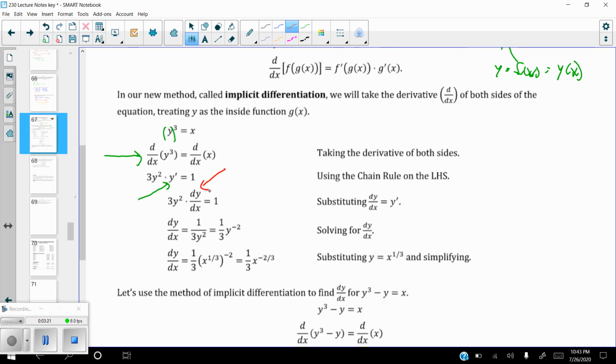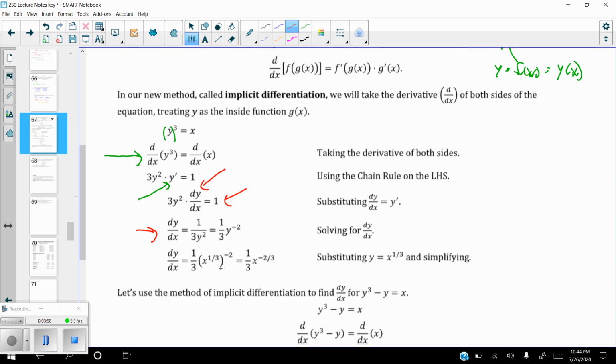Then you take the derivative of the right side, which is x. So the derivative of x is just 1. We know that much, which is right there. So then if I want to solve for dy dx, I just divide both sides by 3y squared. So we get that dy dx is 1 over 3y squared, or 1/3 y to the negative 2. Then you would replace the y with x.